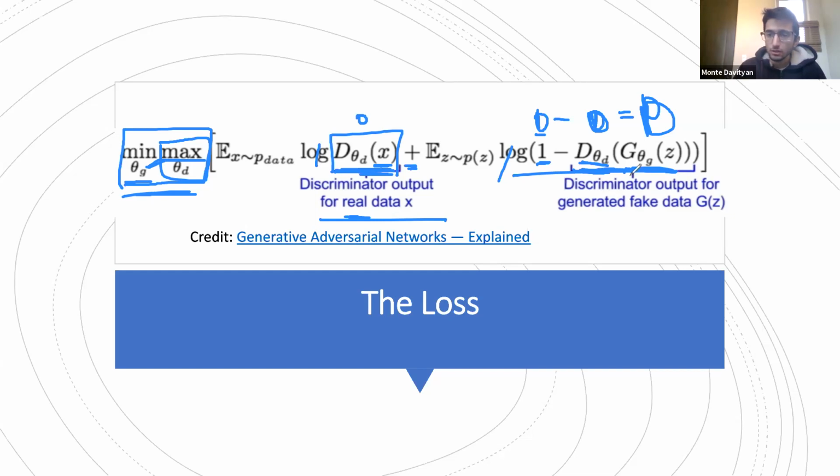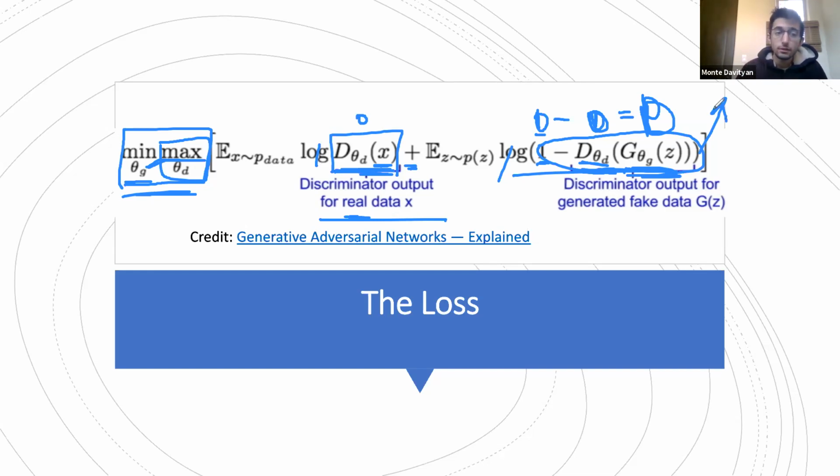Essentially, the generator is reliant on this area right here, right? It's what it can affect. The generator is trying to make this loss higher and higher, closer to 1, right? Because our loss is from 0 to 1. The generator wants to maximize this loss. It wants to trick the discriminator. And the way it's tricking the discriminator is by generating better and better images.